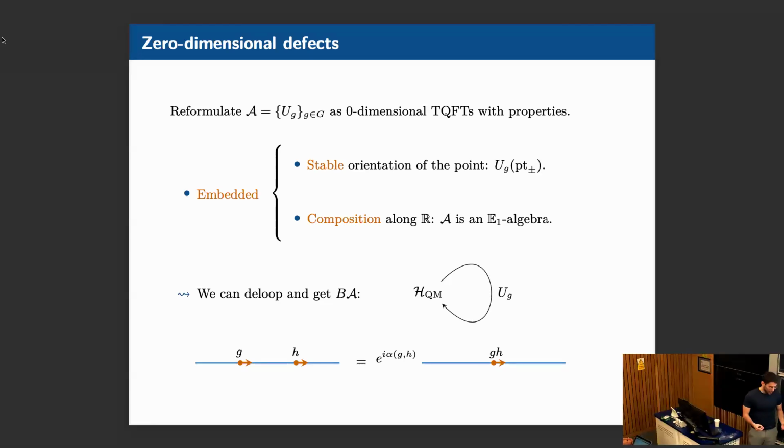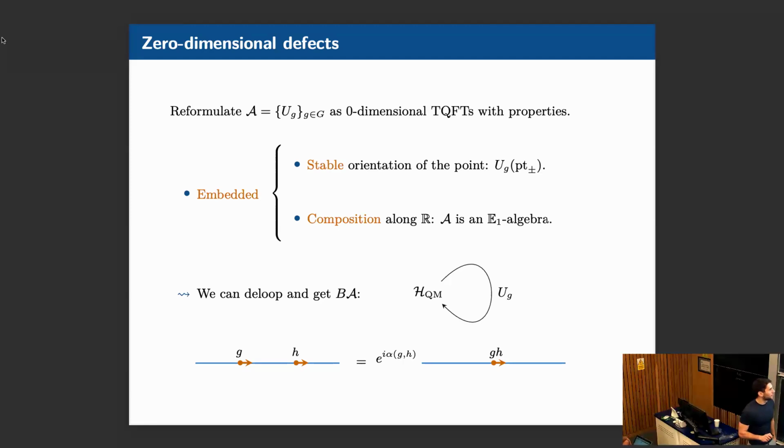Now, these topological defects are going to be point-like, in this particular case, on one-dimensional spacetime. Well, this is just the time direction. And we need to require a bunch of things. So first of all, we need to require these defects to be actually embedded into your time direction. So we want to be able to write down these points and be able to move them around your line. So what it means is that you want to be able to compose them.